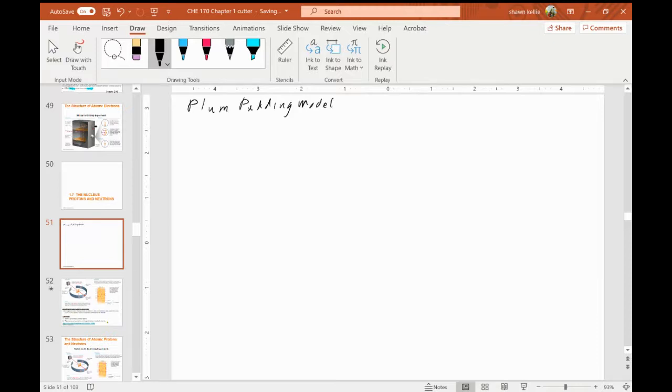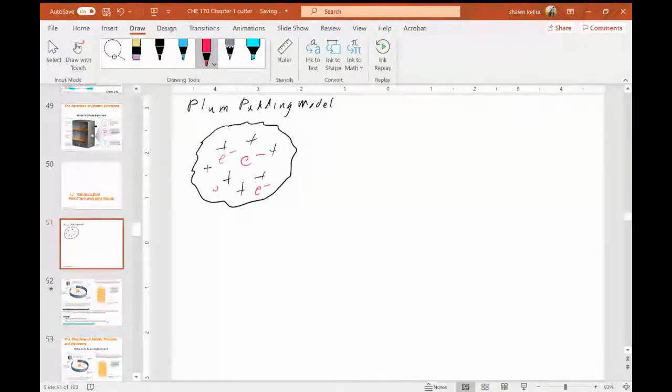The plum pudding model of the atom viewed the atom as if the atom was plum pudding. You had this nice positively charged pudding. And inside this positively charged pudding, scattered like plums, were electrons. Now, nobody in North America eats plum pudding these days, so the analogy has kind of gone bad on us.